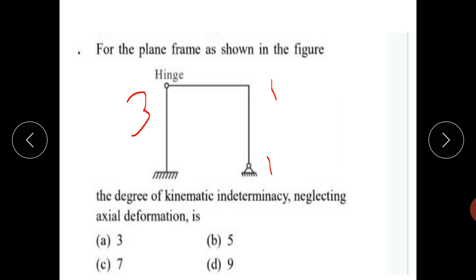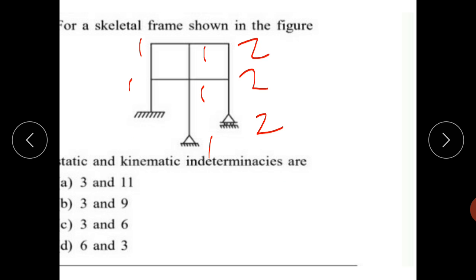Here again the same concept, common delta x over here, and two members having two rotations, 3 degrees of freedom. Here only rotation, here only rotation, so 5 is the DKI. Here common delta x, one rotation, common delta x and rotation, for the roller delta x and rotation, here rotation, 11.